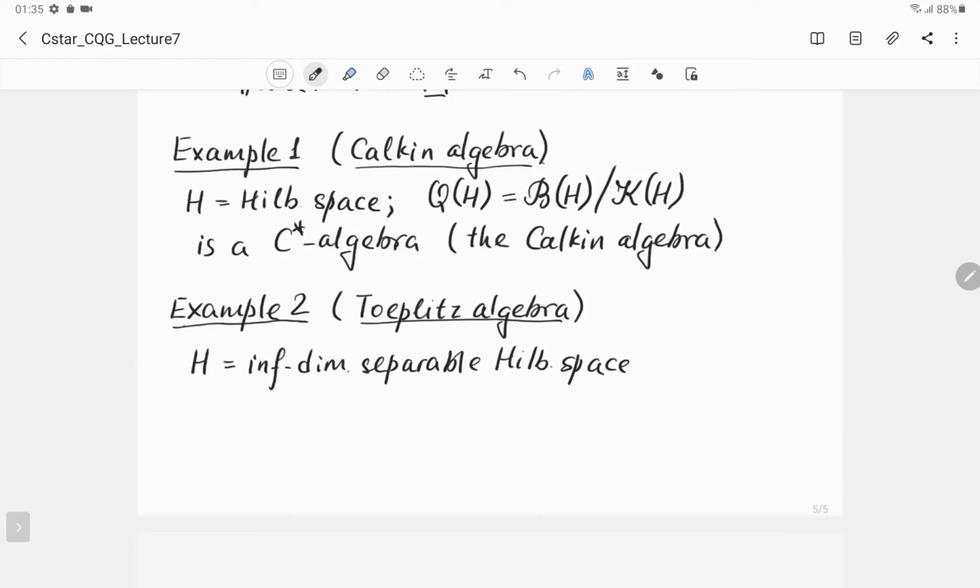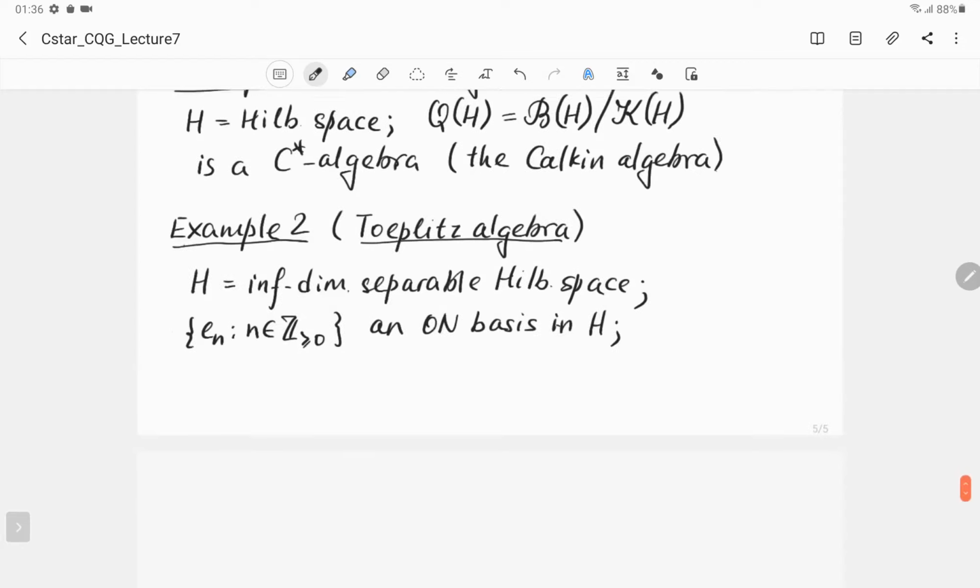And we choose a countable orthonormal basis, e_n, of H, and we'll look at the respective right shift operator.